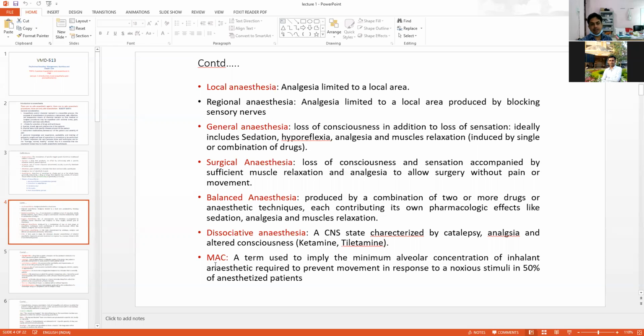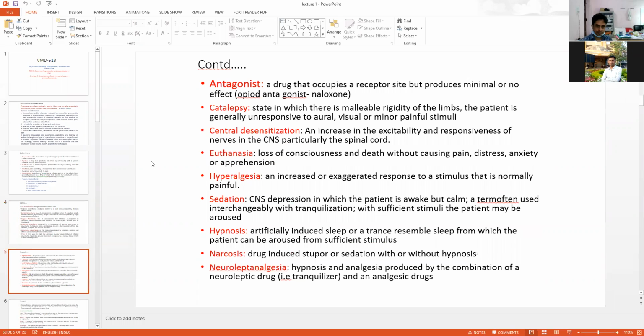Now minimum alveolar concentration, MAC. This value is very important, and it is mainly concerned with inhalant anesthetics required to prevent movement in response to noxious stimuli in 50% of anesthetized patients, just like LD50 and ED50 in pharma. So MAC value is important for inhalant anesthesia.